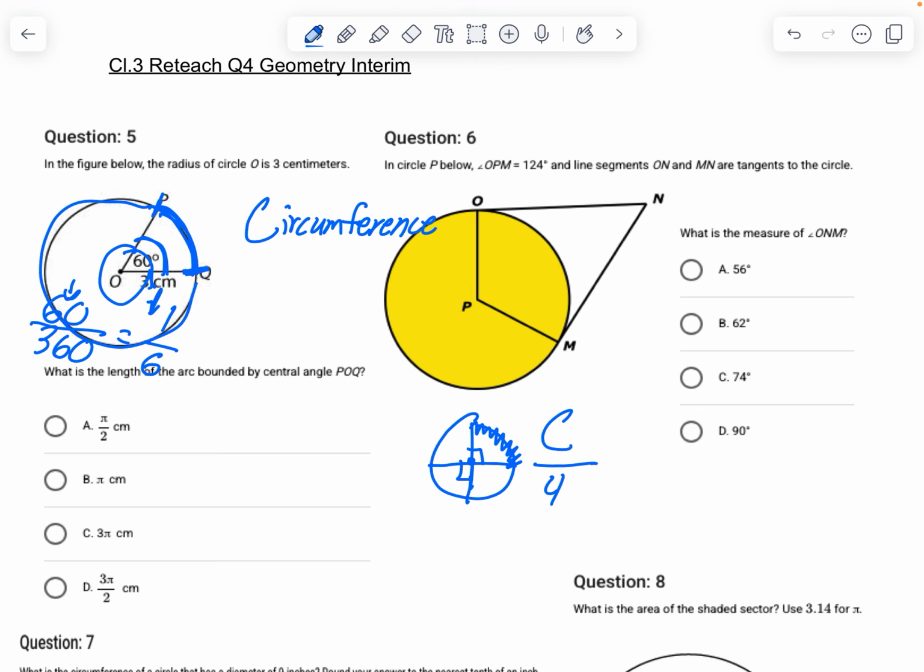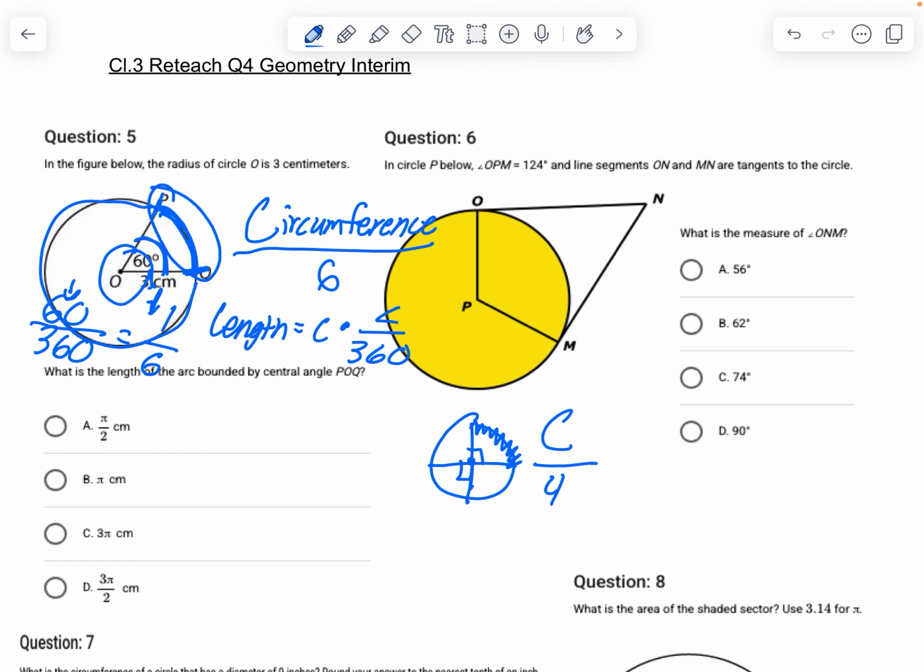I could say the circumference divided by 6 to get only this section of it, or we can say that the length is equal to the circumference times our angle over the entire degree of our circle. We talked about this right before our interim, actually, right? To find the arc length, I want to take the circumference and multiply it by the fraction of the angle that I want.